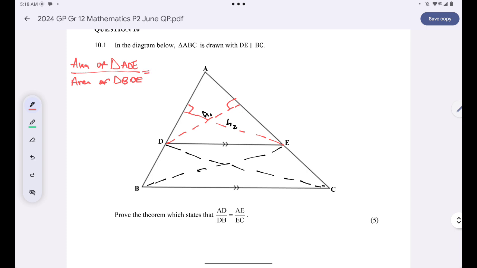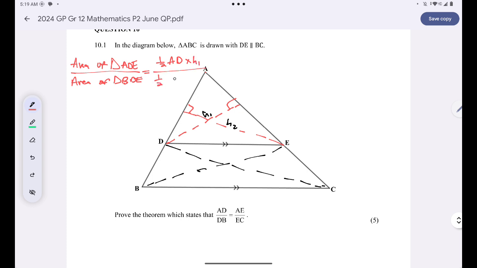The area of triangle ADE I'll simply say is 1 over 2, since I'm focusing on ADE, I can take AD as my base. Please remember that the area of a triangle is always half base times the perpendicular height. Are you together? In this case, I can just take h1 as my height, multiplied by h1.